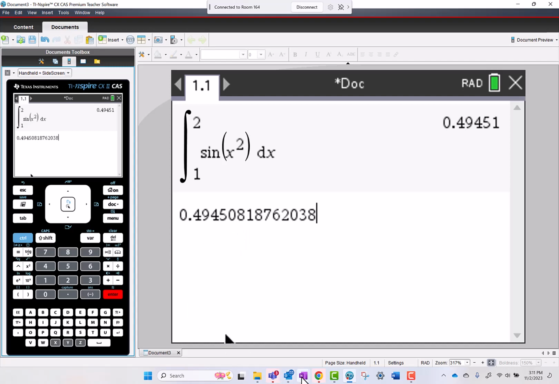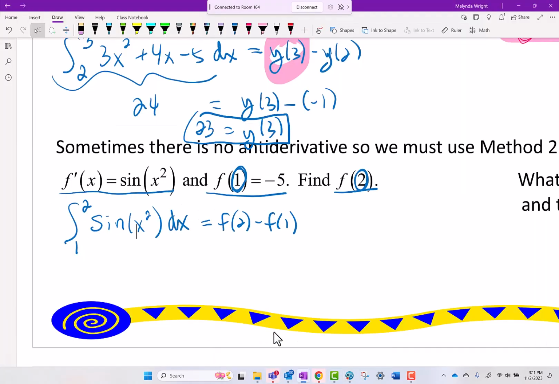All right, so let's go back and see where we are right here. So let's put in 0.494508 equals f of 2. That's what we're looking for. f of 1 was -5. Again, we're using our calculator.